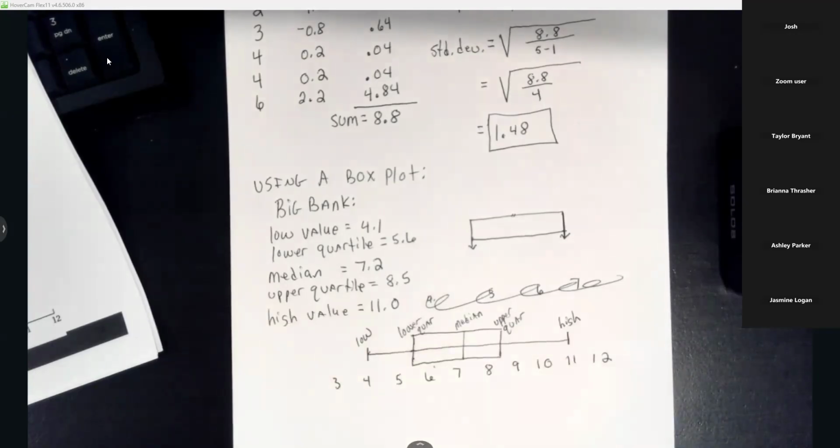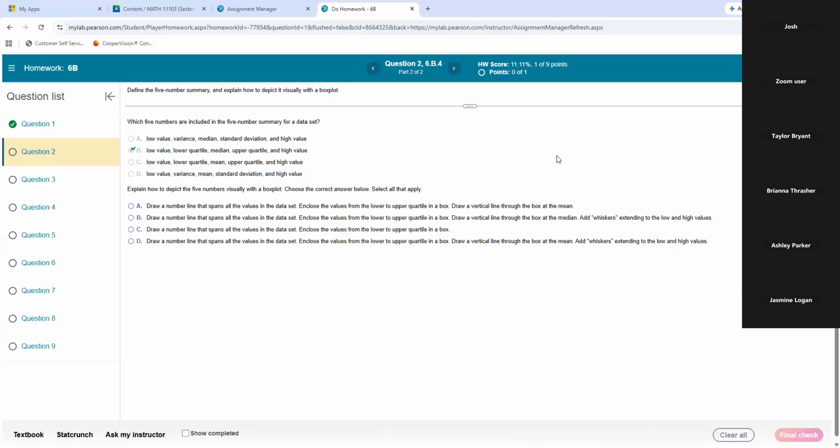So knowing what I did here, you will be able to answer this next question we had. So we drew a number line that spans all the values of the data set, enclosed the values from the lower to upper in a box. So that's what I did.